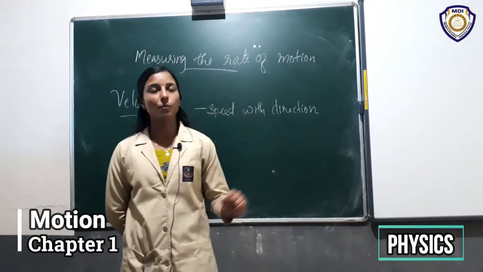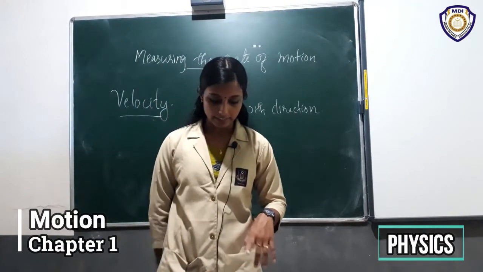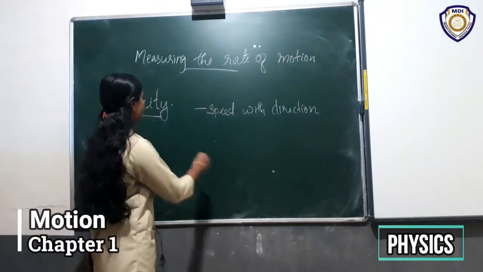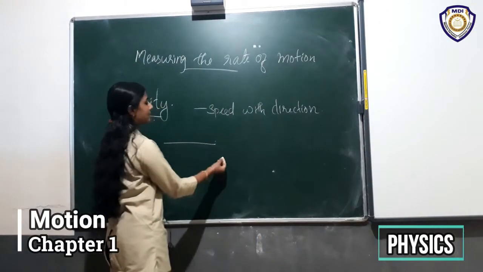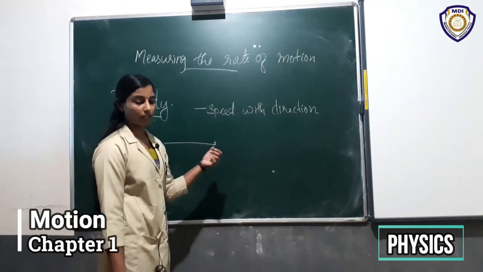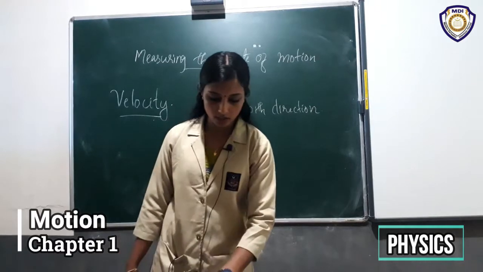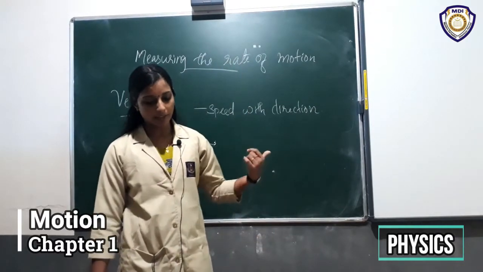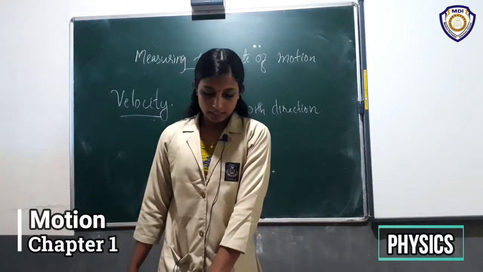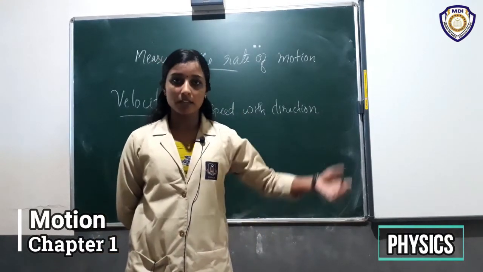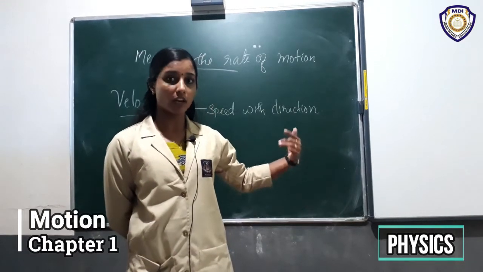When an object is moving in a straight line at a variable speed, speed is varying, right? And we can express the magnitude of its rate of motion. We are discussing how we can measure the rate of motion.